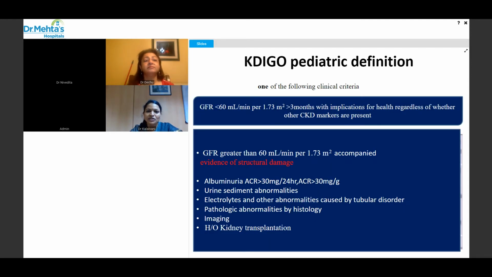The KDIGO pediatric definition requires fulfilling one of the following clinical criteria: a GFR of less than 60 ml per minute per 1.73 meters square, persisting for more than 3 months with or without CKD markers, or a GFR greater than 60 ml per minute accompanied by evidence of structural damage in the form of albuminuria, urinary sediments, electrolyte abnormalities suggestive of tubular disorder, abnormal histopathology or imaging, or history of kidney transplantation.